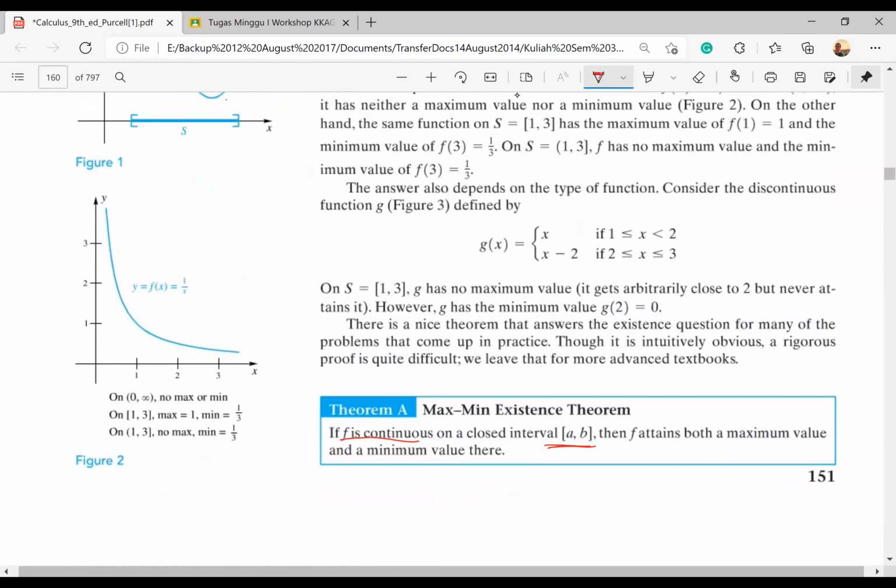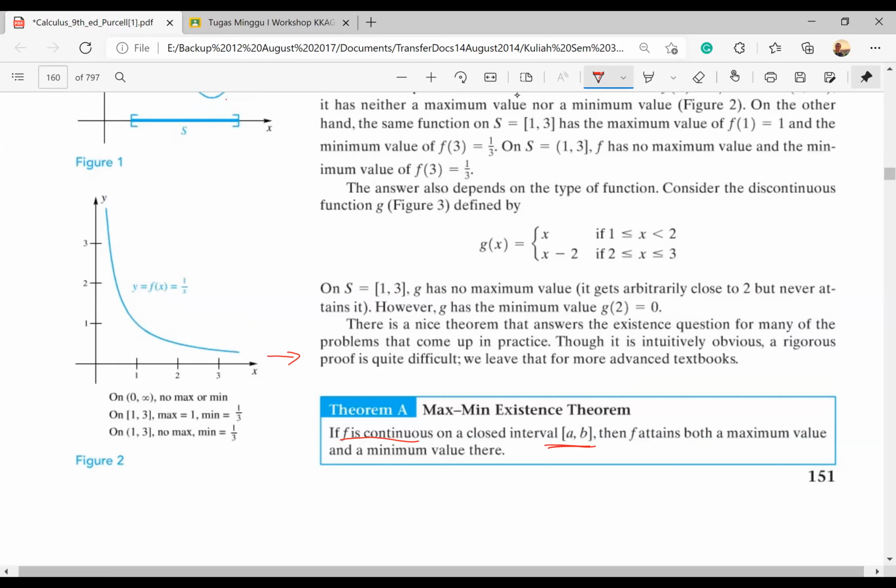See, it extends to the right, so it goes to infinity. And let's see, this is 1 over x. On (0, infinity), without the 0, that means without the left end, you see that it has no min nor max. No max because approaching 0, it keeps going, keeps increasing. And to the right, it keeps decreasing.